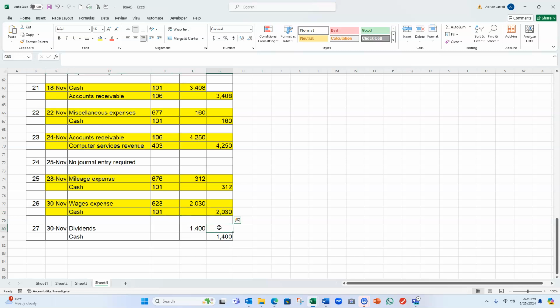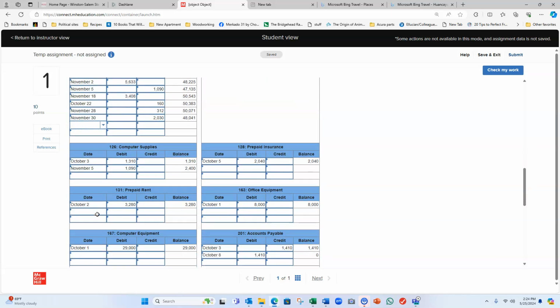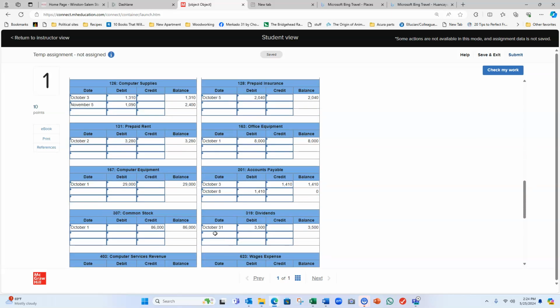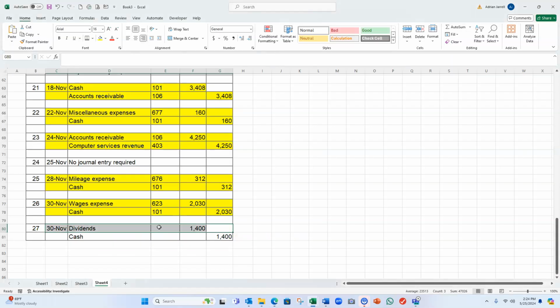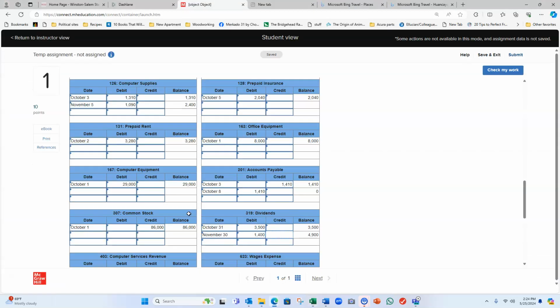We're going to debit dividends on the 30th for $1,400. Account 319. And credit cash on the 30th of November for $1,400.